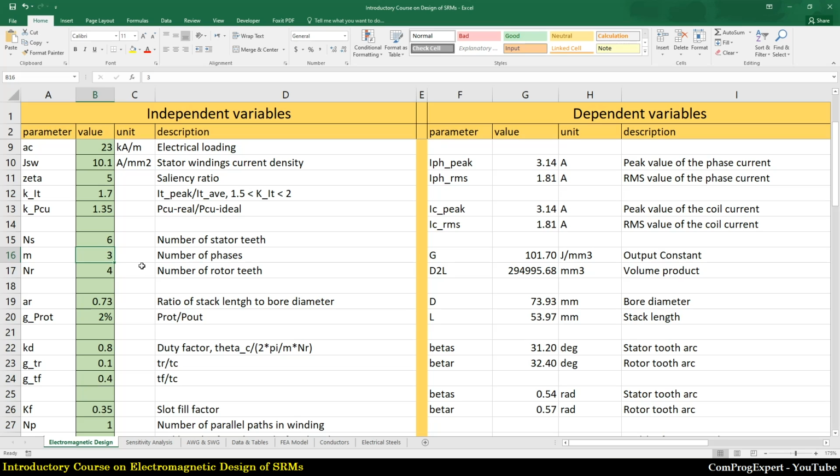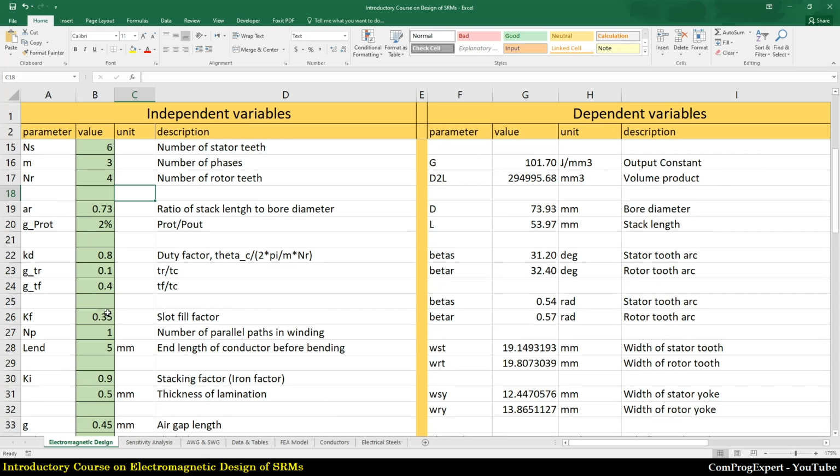This is the example that I consider. Also, we can consider 8 by 6 or 12 by 8 other combinations. So let's continue by this combination, and later, if we have time, we can try also other combinations.